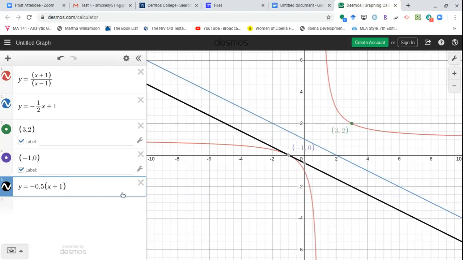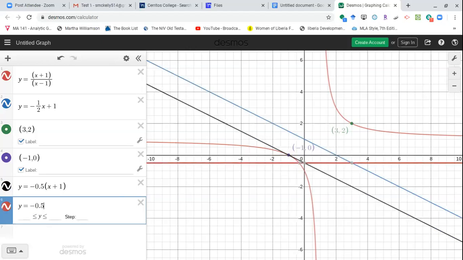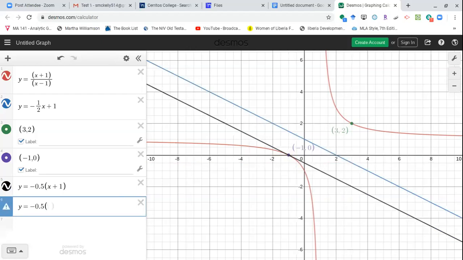Now the other line is going to be y equals negative 0.5 times x minus 3 plus 2.